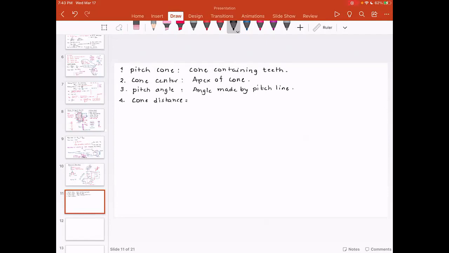Cone distance OP is equal to pitch radius divided by sine theta P. So I just want to talk about what this pitch radius is.